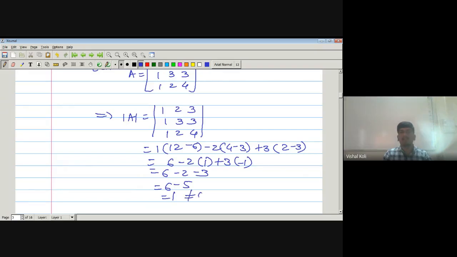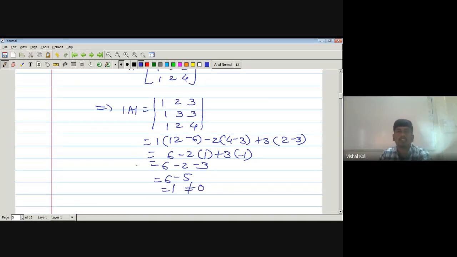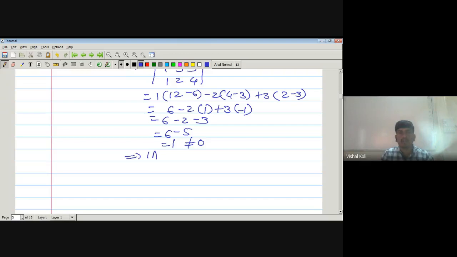And 1 is not equal to 0, which implies determinant of A is not equal to 0. So the given matrix A is invertible.